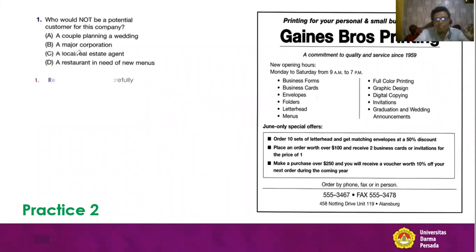But this one is local. So local means small business. Okay. So this one, okay, but not the answer. A restaurant. Menus. We have menus here. See? So this one is okay, but not the answer. So everybody, we finally find that the answer is B. Okay. So that's it.